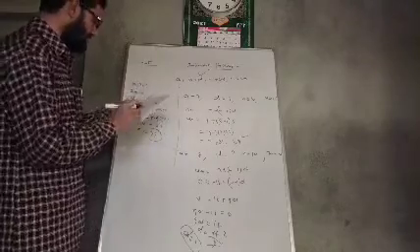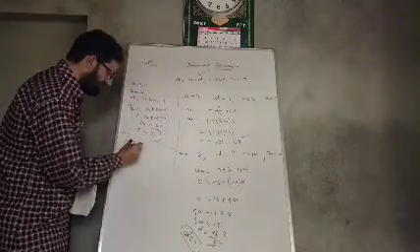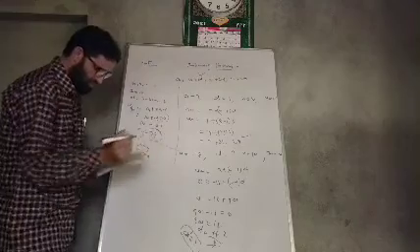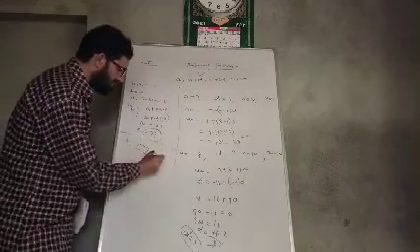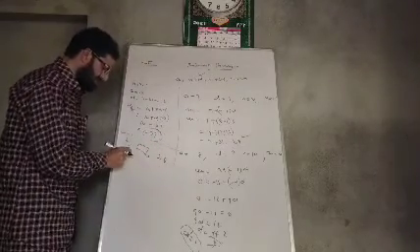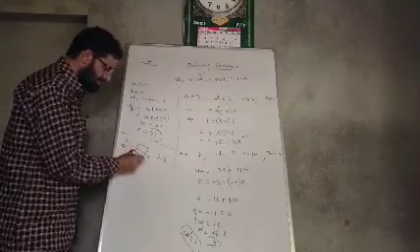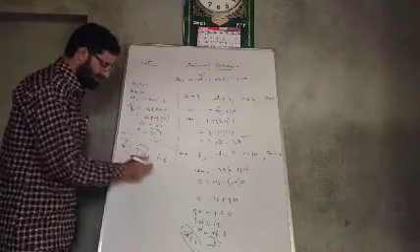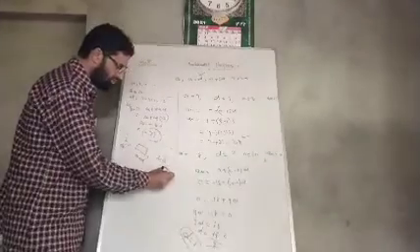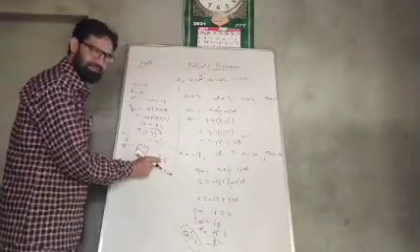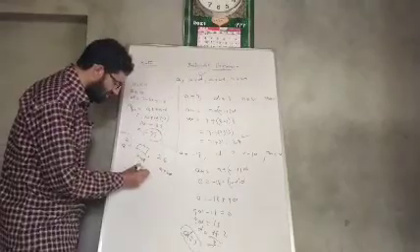2, then the second term we don't know, then the third term is 26. Now what is given here? This is the first term, A is given, the second term is A plus D, we don't know what this is, and the third term is A plus 2D. A plus 2D is equal to 26. Now here A is equal to 2.